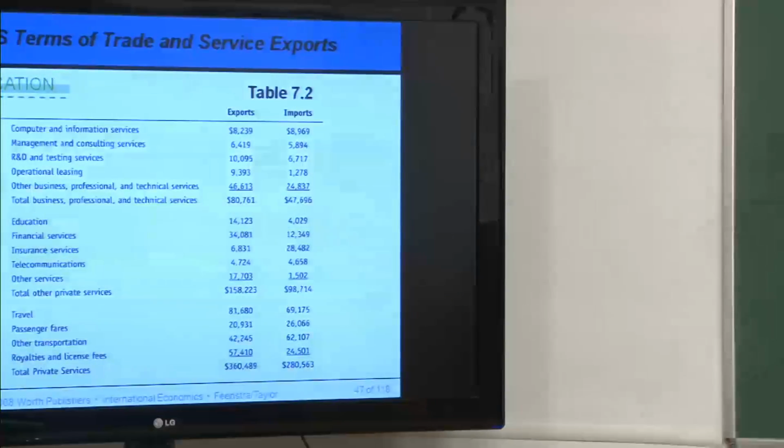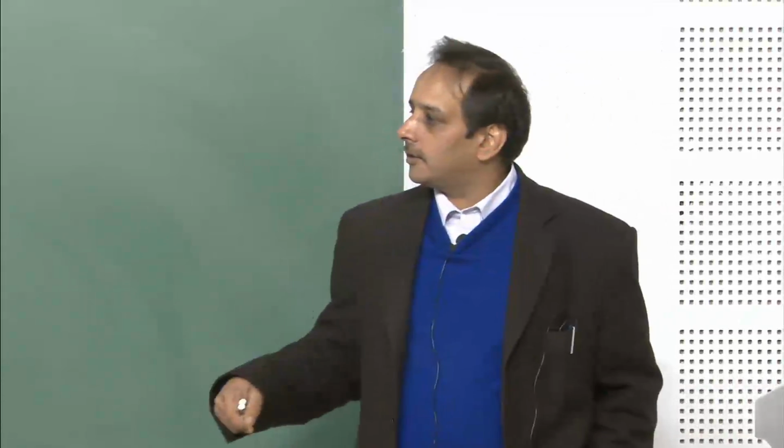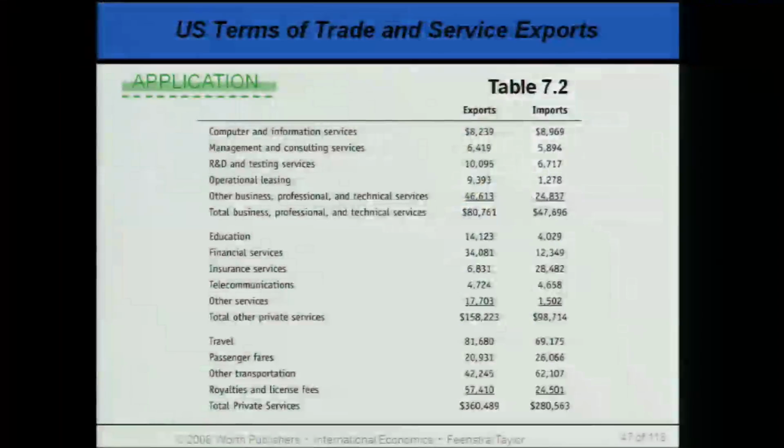So, one cannot say that when you have a surplus in trade in services, at least in that time period, you would see a fall in the US terms of trade.